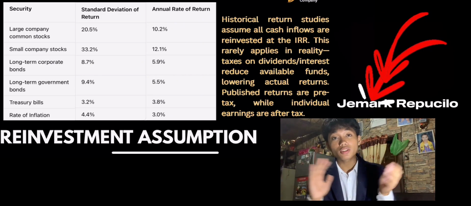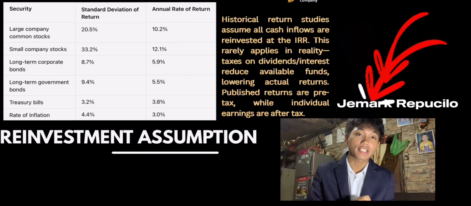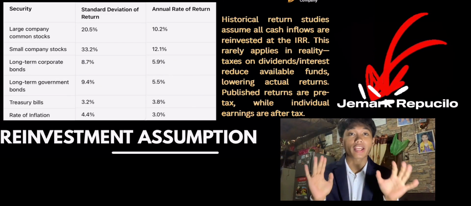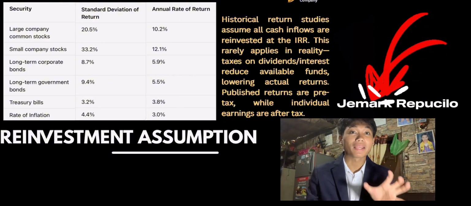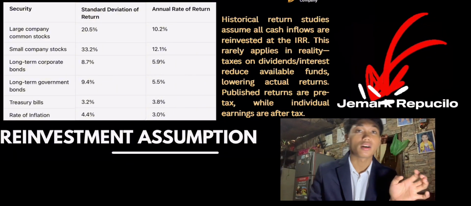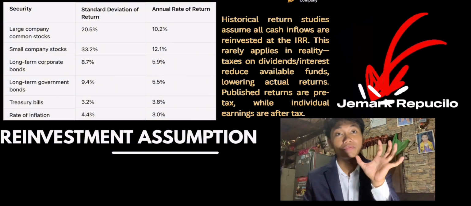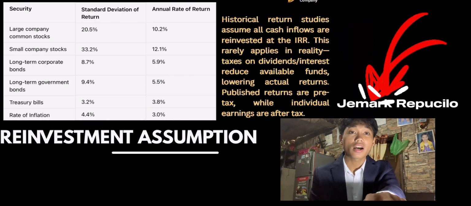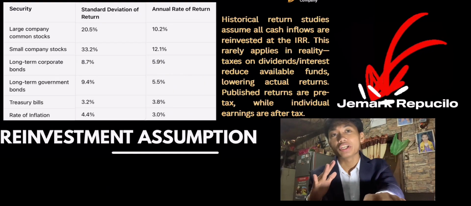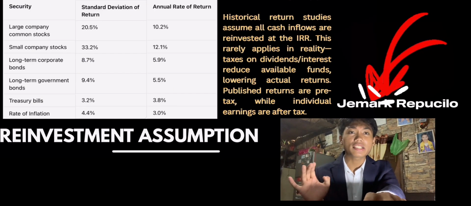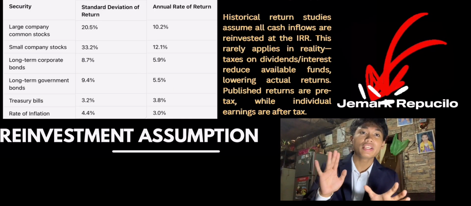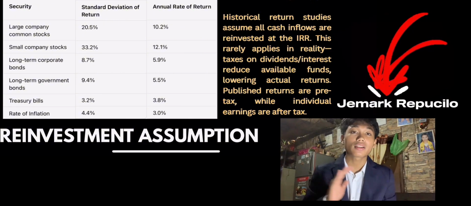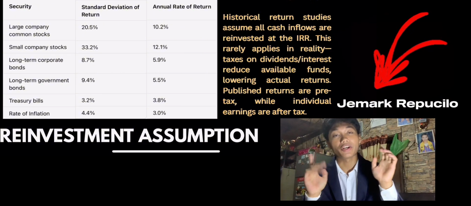So the important note of this slide is that it also explains that historical returns are not always realistic, because it assumes the investor reinvests all earnings, and taxes and fees are ignored. But in reality, dividends and interest may be taxed, reducing actual earnings.